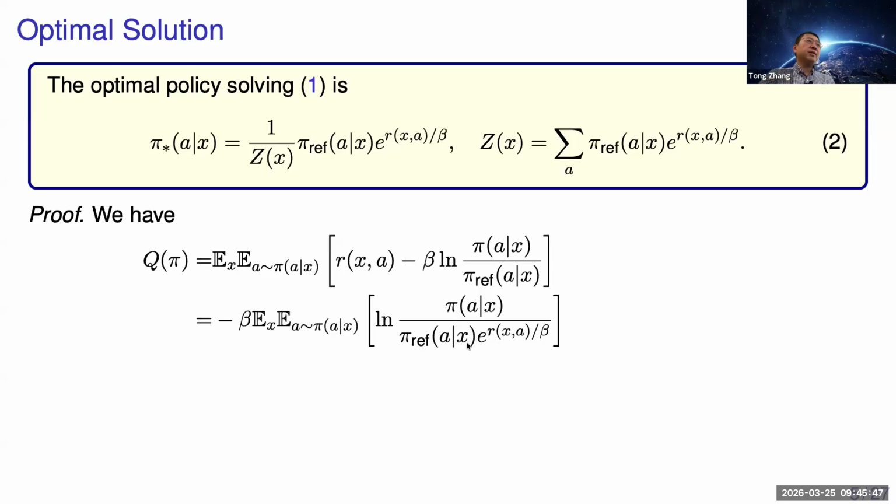I hope this is just algebra. You just move this r to here, and then you need to take exponential. You need to compensate by beta, and you need to compensate by the negative sign. So basically, it becomes this. Okay, this is very easy to check. It's high school algebra. Once you have this, then if you look at that, I just have this definition.